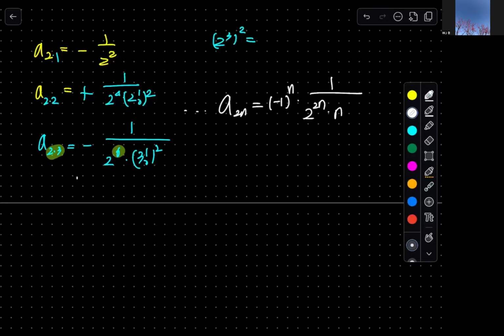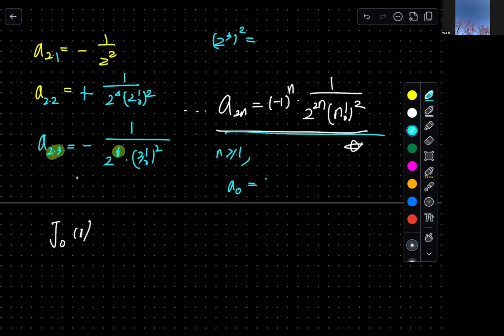So I'm going to have n factorial square is the general coefficient that I think I'm going to have for my Maclaurin series. So if I were to express the J naught of x, but remember this is starting for n bigger than or equal to 1, it does not account for the initial condition. Initial condition doesn't have to come from the recurrence relation. Remember, the A naught was 1, I believe.